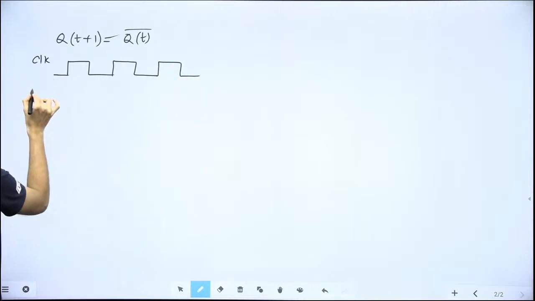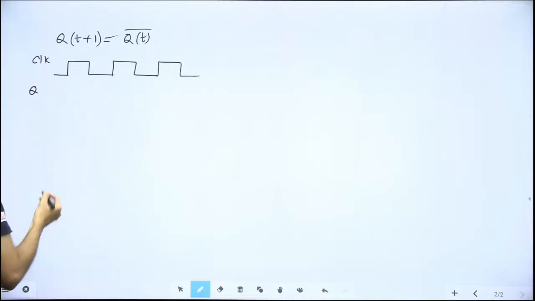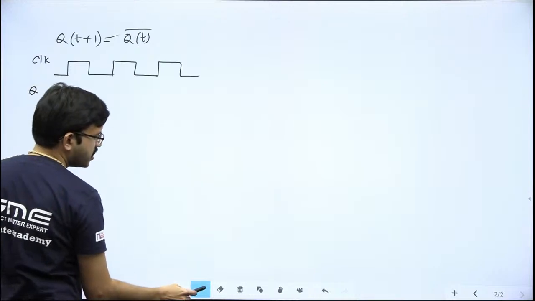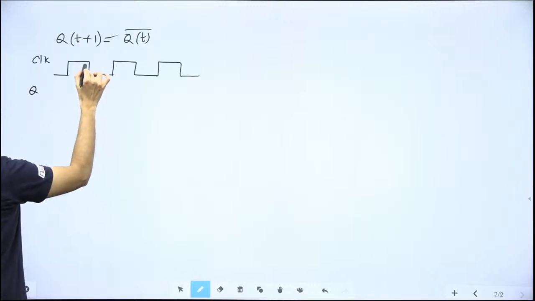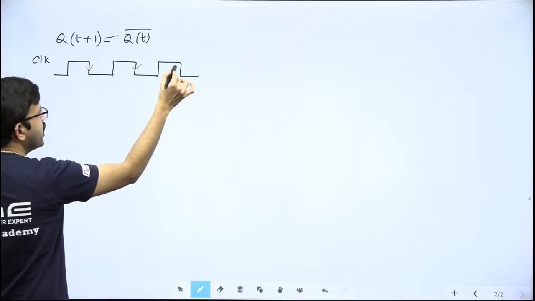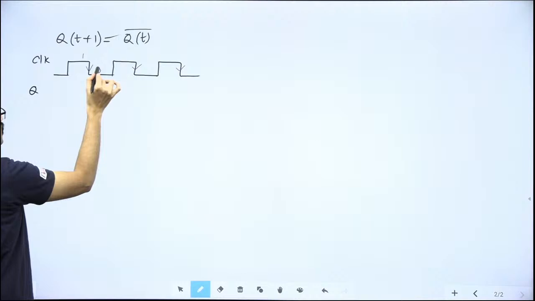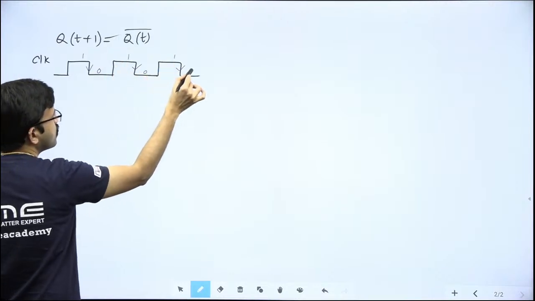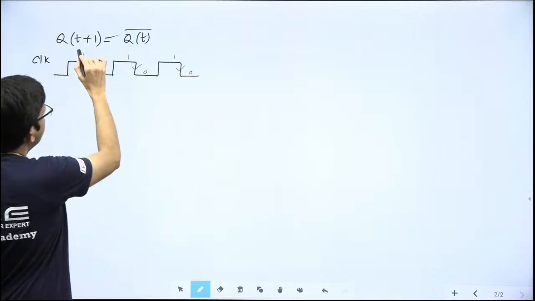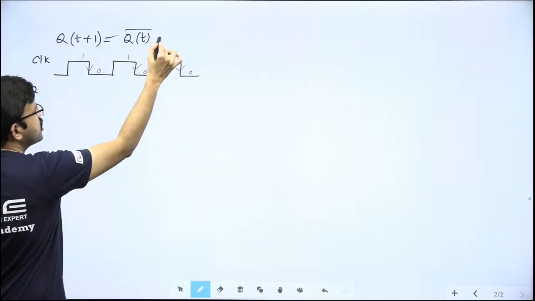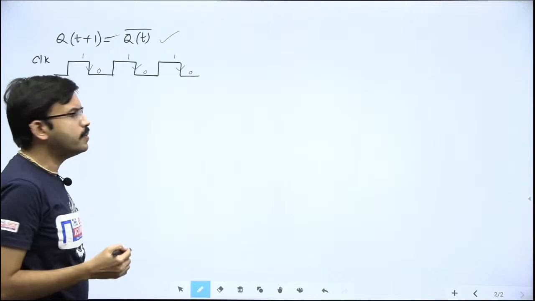Now regarding the Q waveform, let us draw. In the circuit they have mentioned it is a negative edge. That means whenever the clock signal changes from 1 to 0, only that time will the next state be the complement of the present state.